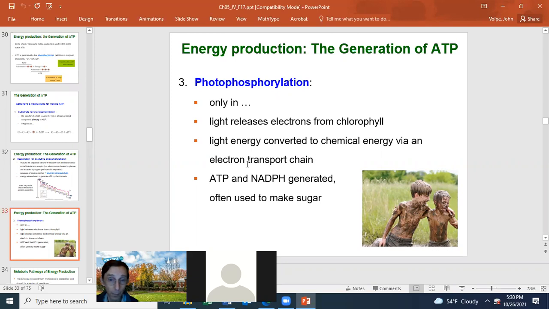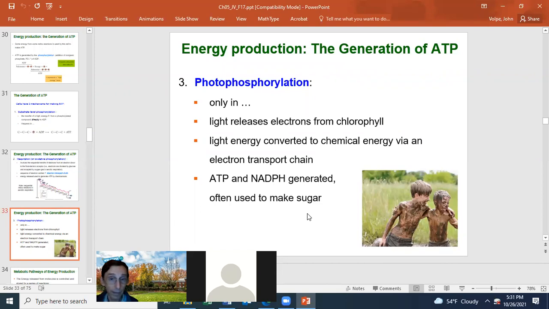We'll talk more about that at the end of this lesson. And along the way, ATP and NADPH are generated. In photosynthetic organisms, ATP and NADPH are often used to make sugar.